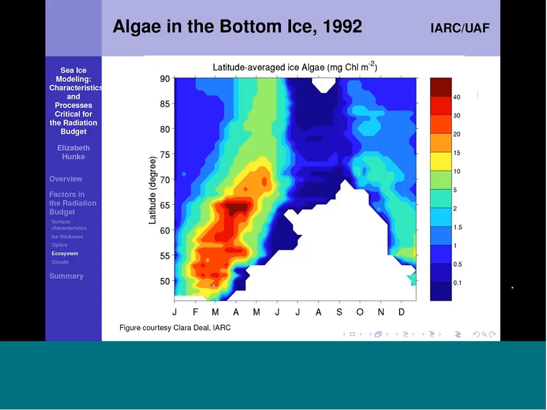The lower edge of colors is the ice edge retreating northward. In the summer months, the ice melts at the bottom, causing the algae to be flushed out into the ocean. And then in the fall, when the ice begins to freeze again, nutrients are taken up into the ice and the algae show a secondary bloom.